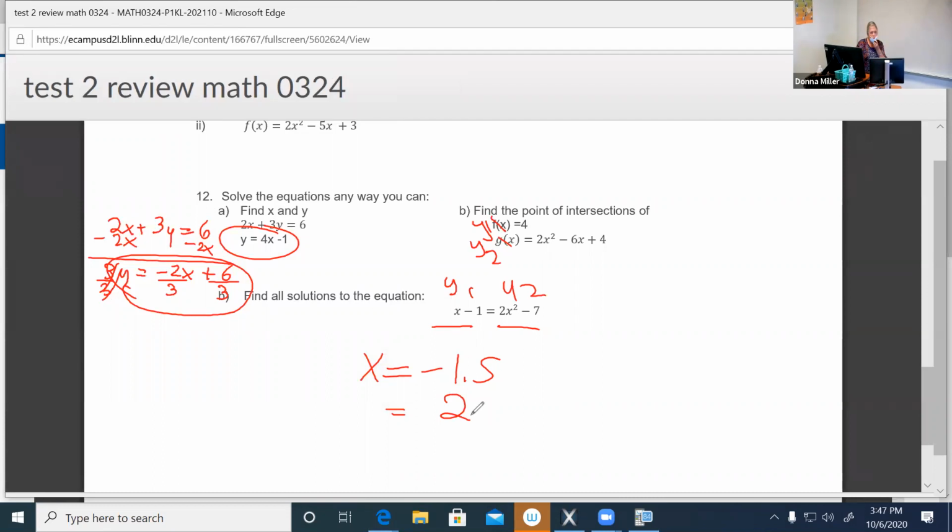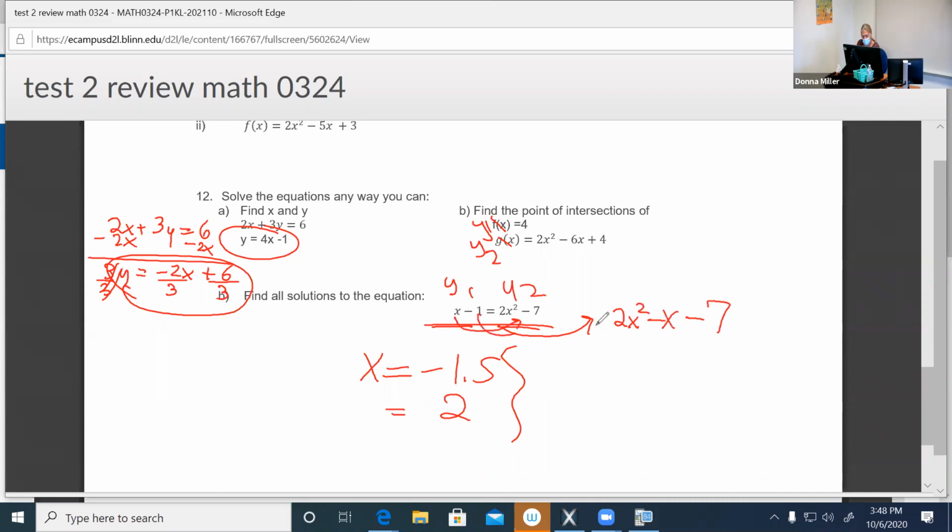Okay. My other option would be to move everything over, set equal to 0 and factor. Since I have some time, we'll go ahead and show you that one. If I work it algebraically, it's not that bad. 2x squared, I'm going to minus the x, so it's minus x, minus 7. I'm going to move the 1 over, so it becomes a plus 1.